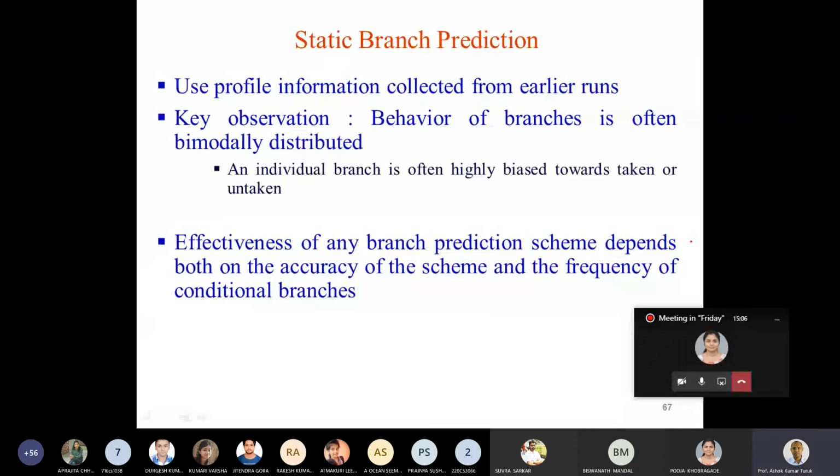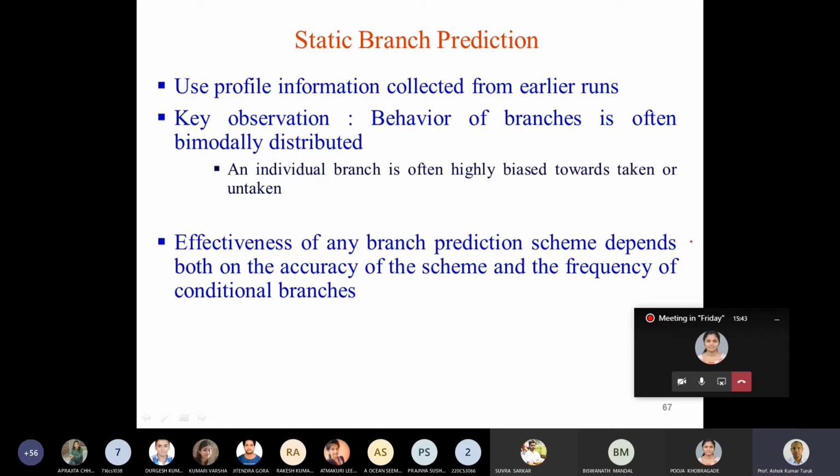The effectiveness of any branch prediction scheme depends upon the accuracy of the scheme and the frequency of the conditional branches. You are predicting, so what is the accuracy of the prediction, and the frequency with which the conditional branches occur. Now the frequency of conditional branches depends on the way the programmer has written the code, but you can improve upon the accuracy of the scheme.